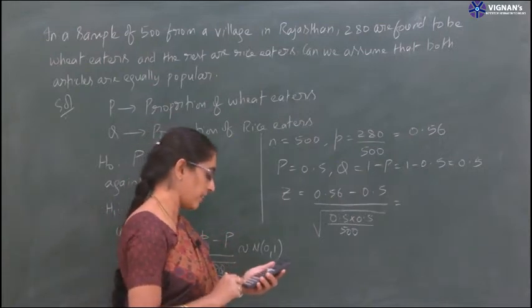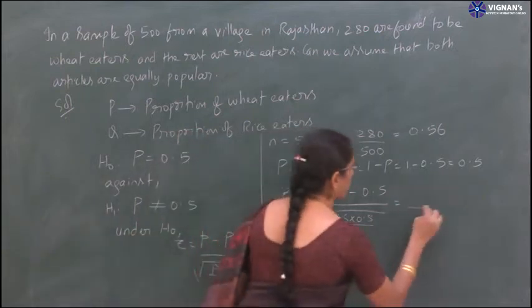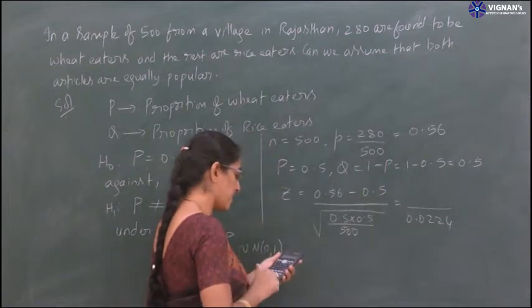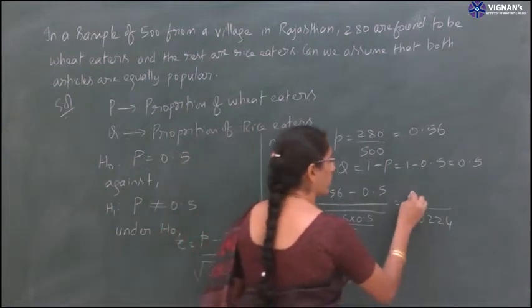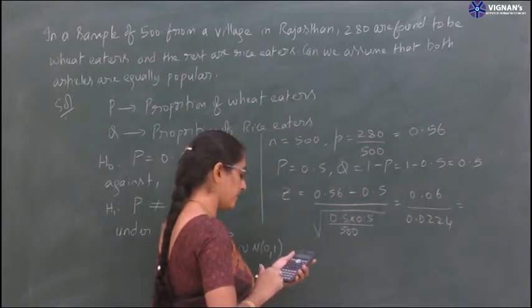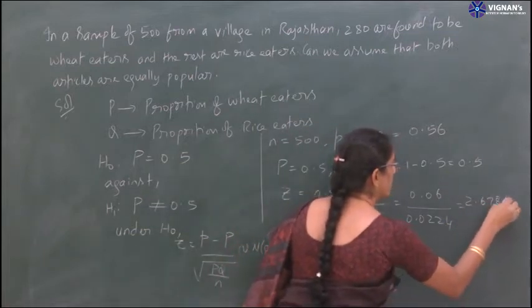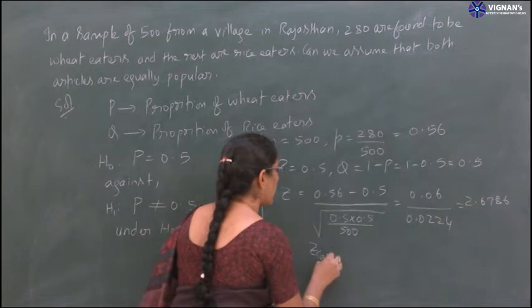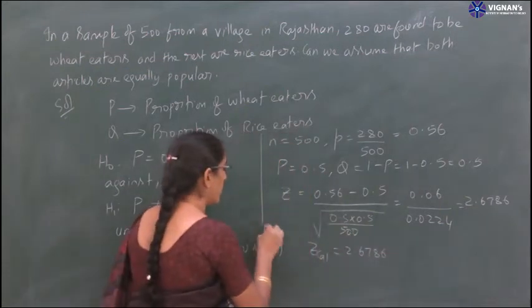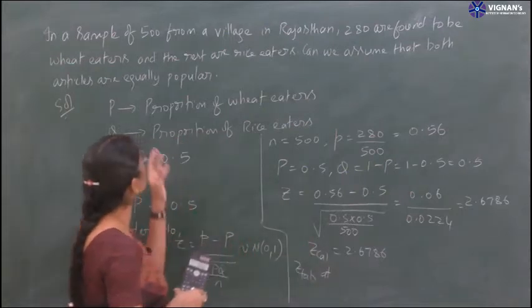The square root of that is 0.0224. Now 0.56 minus 0.5 is 0.06. From this, the calculator value is 2.6786. So the Z calculated value is 2.6786 here.